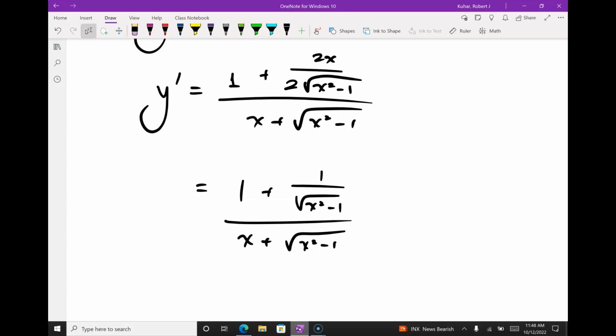LCD would work. What else would work? Oh, x. Yes, sorry. Thank you. So the other thing that would work here is the conjugate. So I'm going to do conjugate first, just because I feel like it.